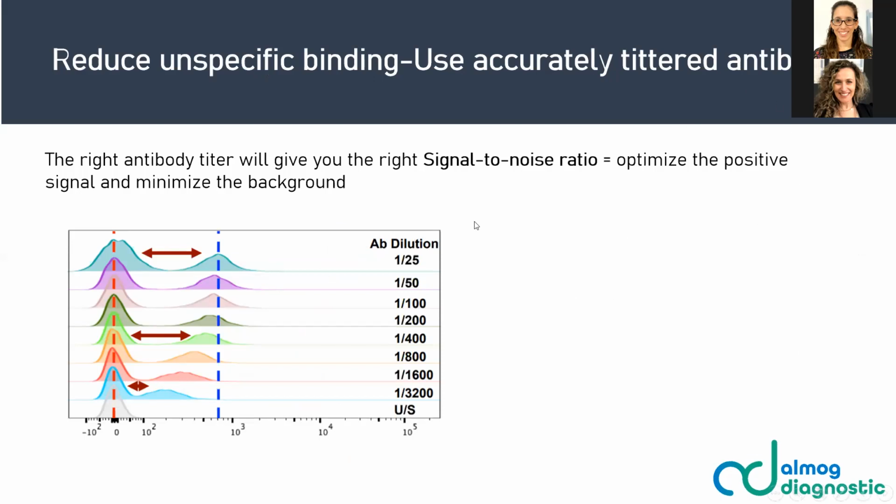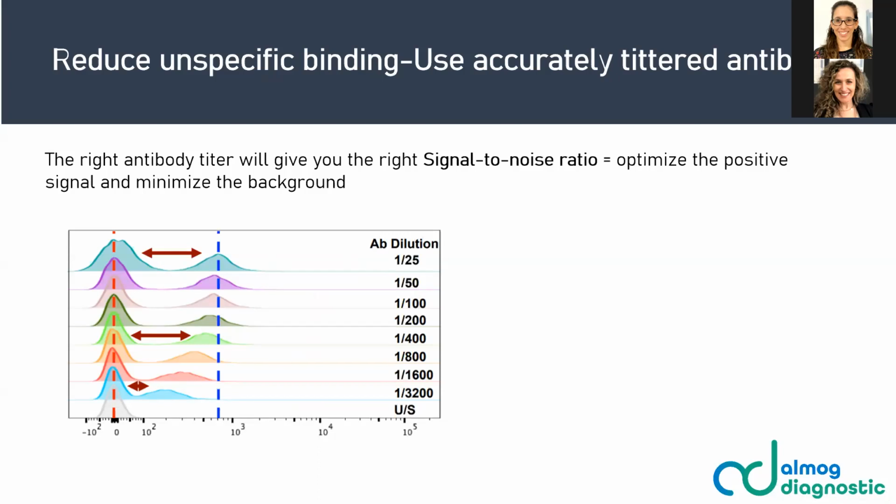You need to perform an antibody dilution experiment to find the correct antibody titer in order to get the best resolution between your negative and your positive peak. This is something that you need to do before you perform your actual experiment with your cells.